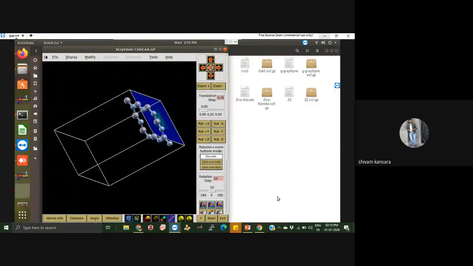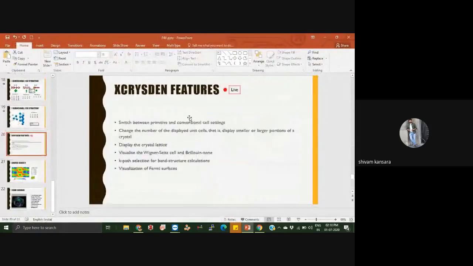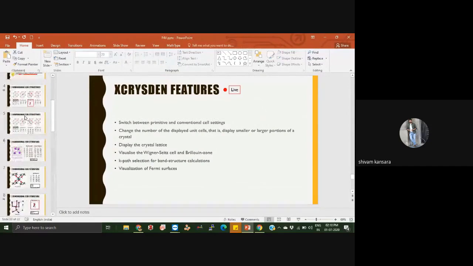Let me go to the XCrystal PPT. So these are the XCrystal features. What can XCrystal do? Primitive cell and conventional cell setting, and display of the crystal lattice. I have just done the same.